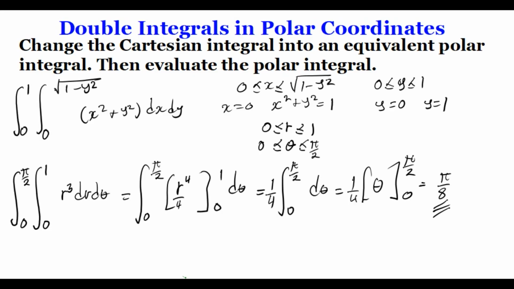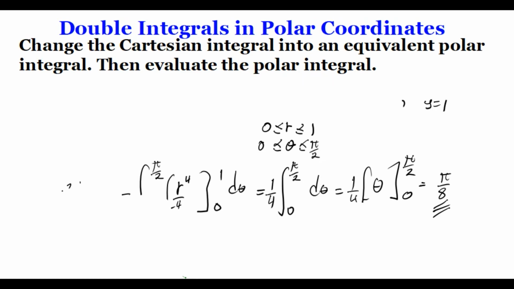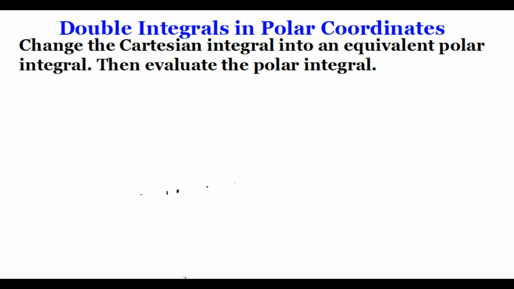Okay, so let's go ahead to the third question, which is actually an interesting question. So this is how it's going to be. We are given this from -1 to 1.